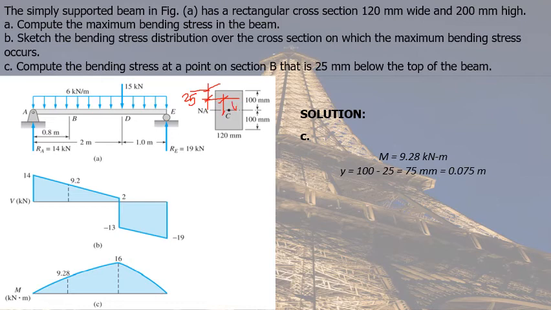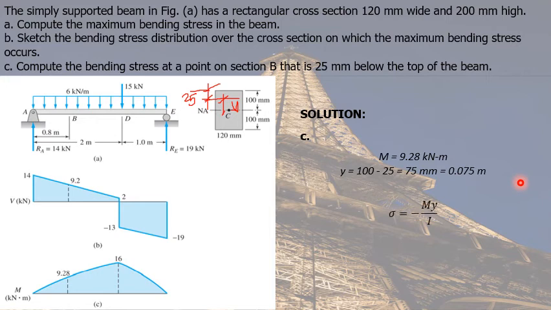So this is Y. And to compute for Y, we simply subtract from 100, because again, Y is the distance from the neutral axis to the point of consideration. So we have 100 minus 25 is equal to 75 millimeters. And in meters, that is equal to 0.075 meters.